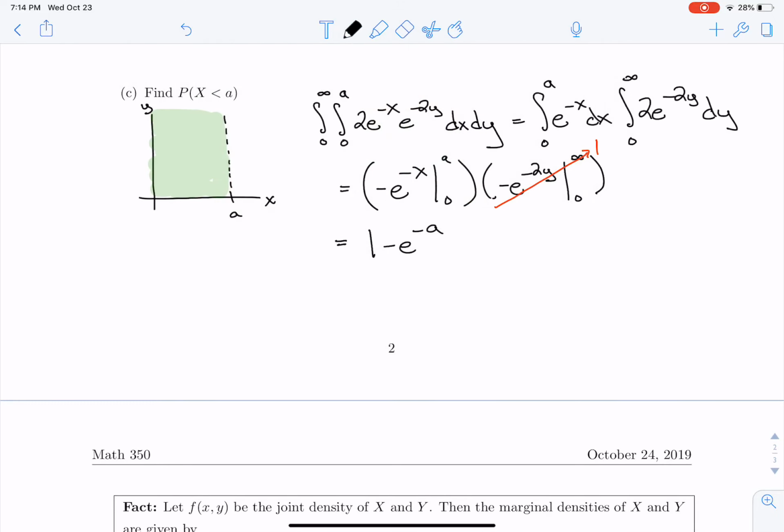So the probability that x is less than a is 1 minus e to the minus a. And that tells me that x is distributed as an exponential distribution with parameter 1. That's interesting.